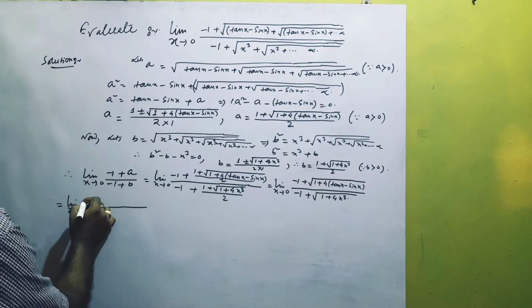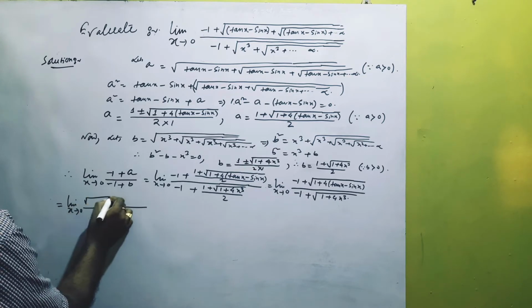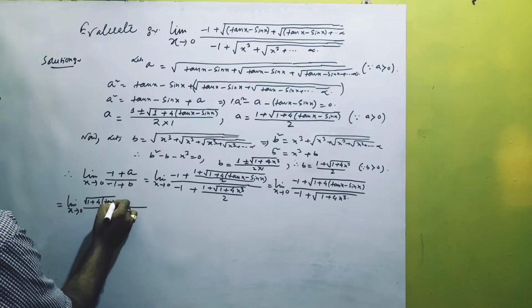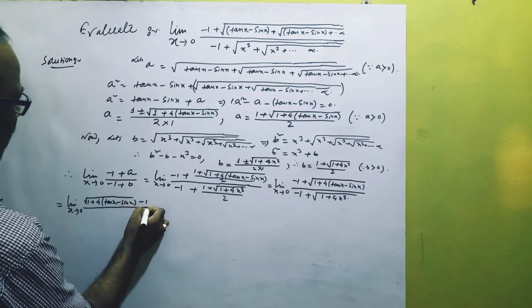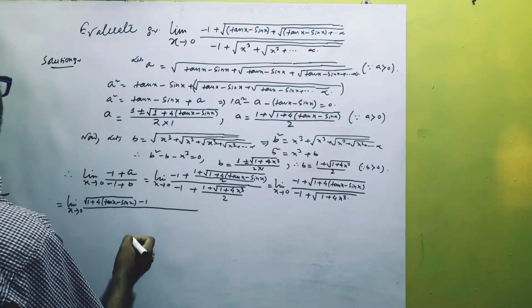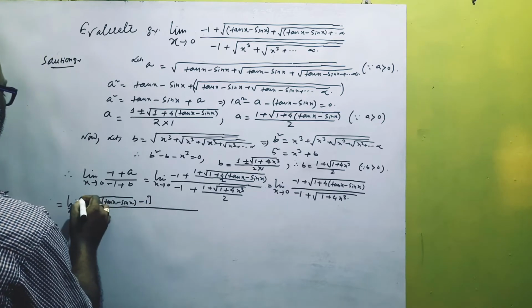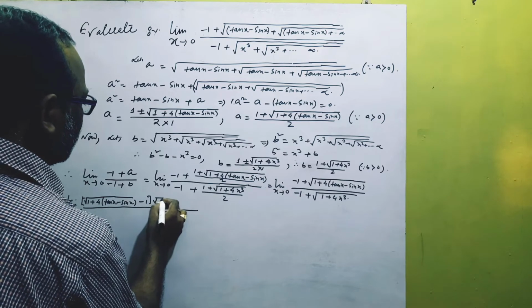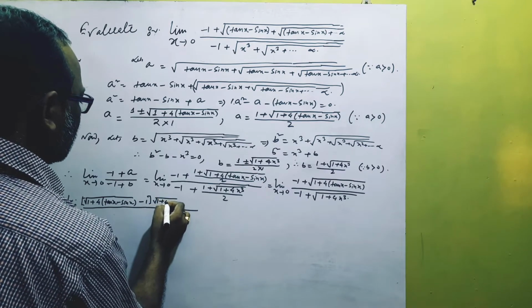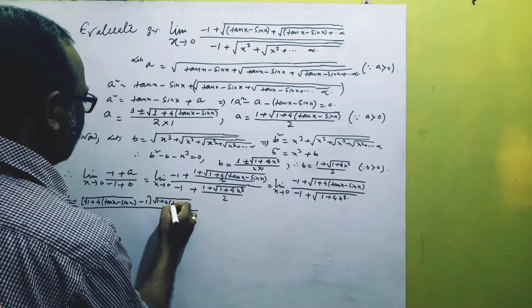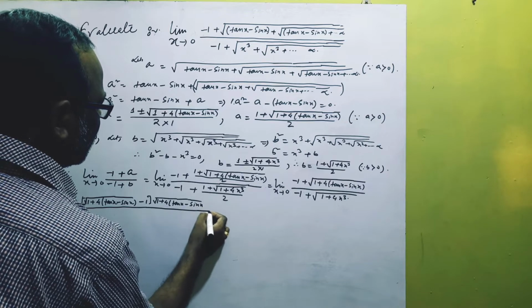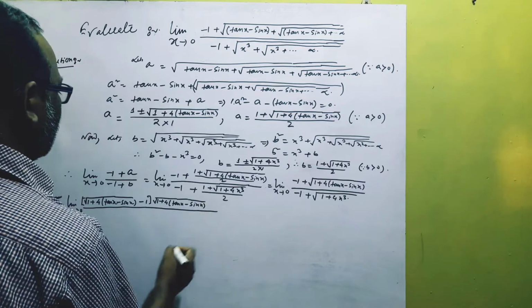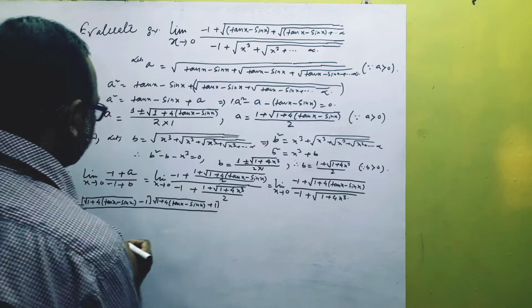We can rationalize the part: √(1 + 4(tan x − sin x)) − 1, and multiply by √(1 + 4(tan x − sin x)) + 1.